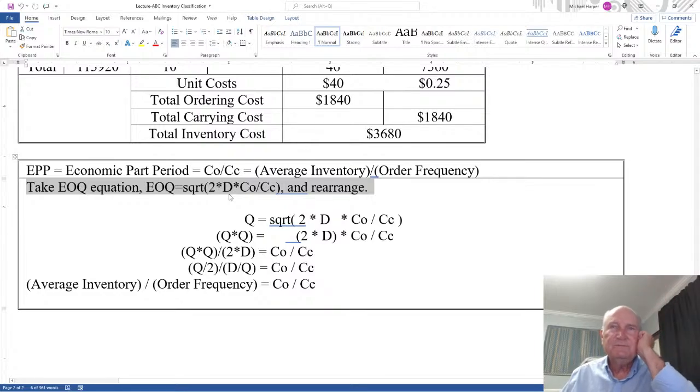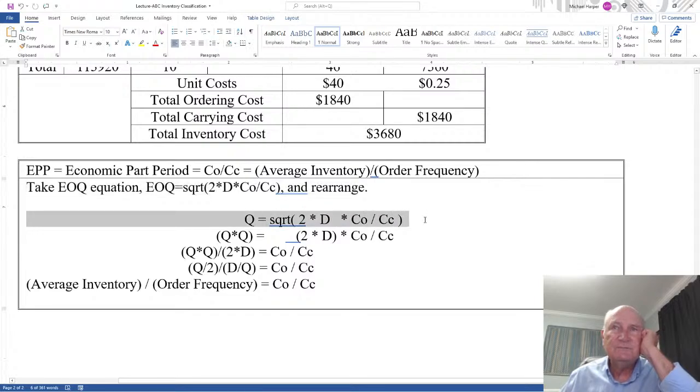Let's look at items. Okay, and rearrange. In other words, I'm going to square both sides. I take the Q here. I square both sides, so the square root goes away, but Q times Q on the left-hand side. I take the 2D and bring it to the left-hand side.